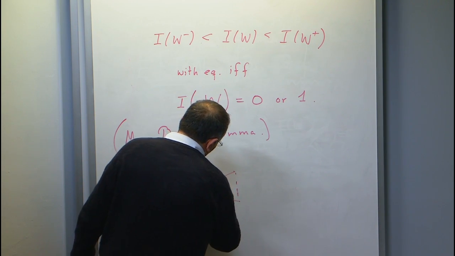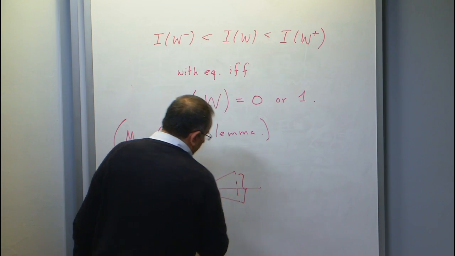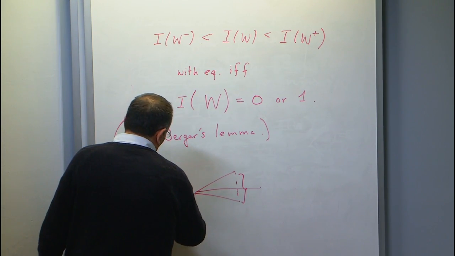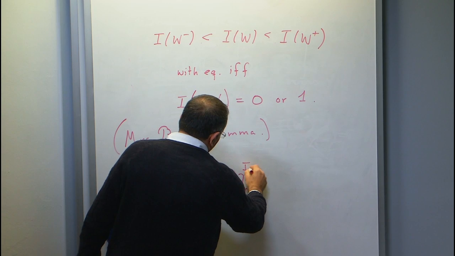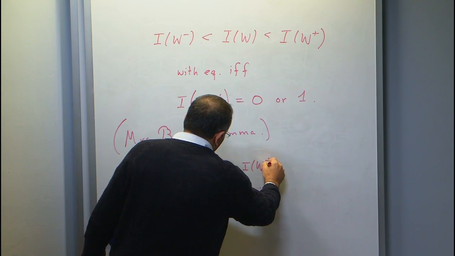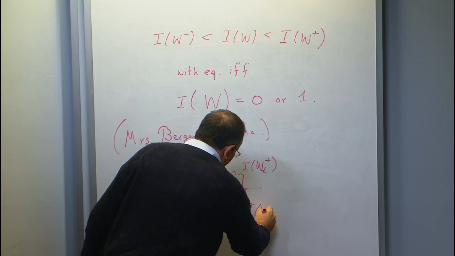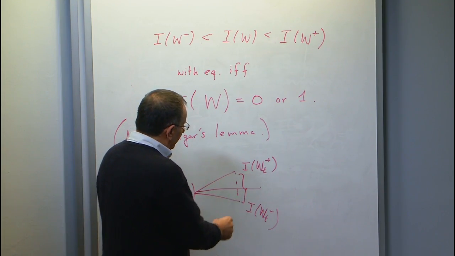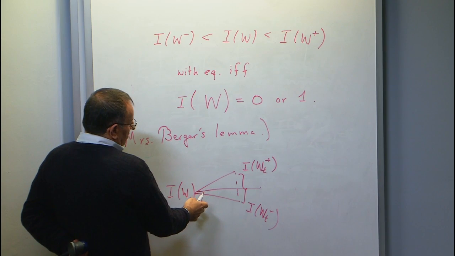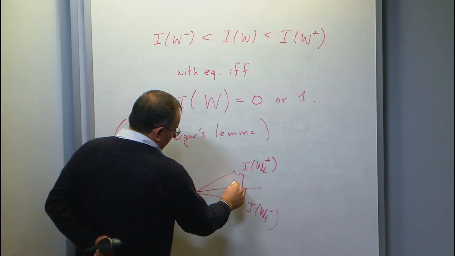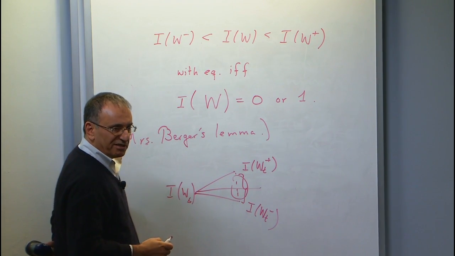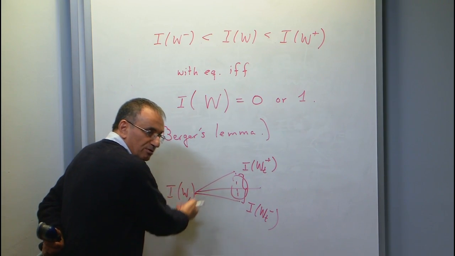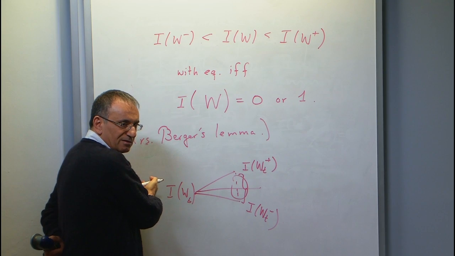So the children's mutual information or capacity are going to be separated from each other. Furthermore, one can put a lower bound on the amount of separation in terms of the distance from 0 or 1.